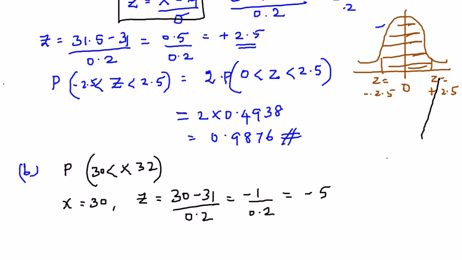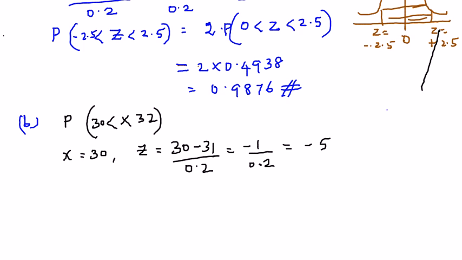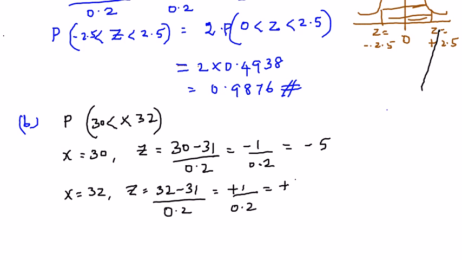So basically it's nothing but 10 by 2. If I want to remove this decimal point, I multiply by a 10 on top, so it becomes 10 by 2. And likewise, when x is equal to 32, z is equal to 32 minus 31 by 0.2. So you get the same 1 by 0.2, which is plus 5.